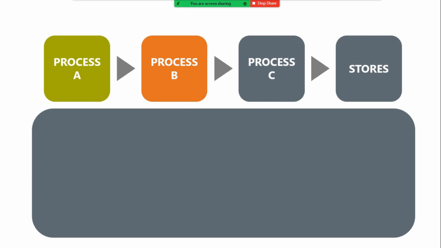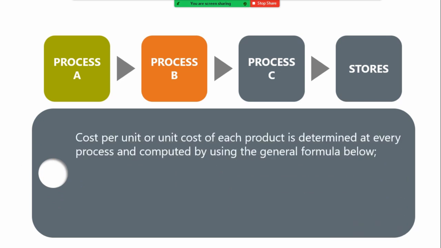And of course, we continue by saying that the cost per unit, or the unit cost of each product, is determined at every stage, at every process. So we determine the cost per unit at each stage, at each process.